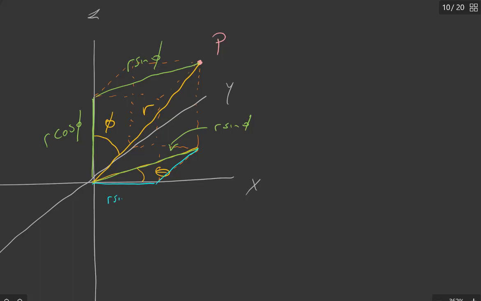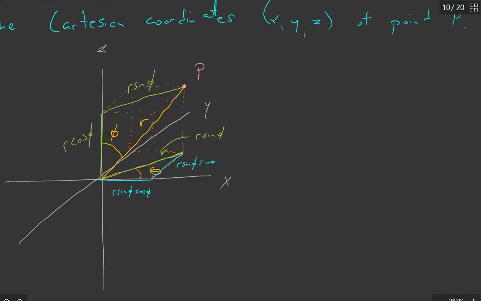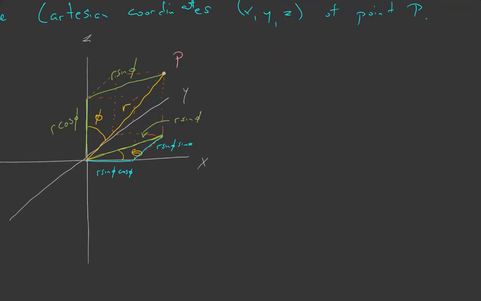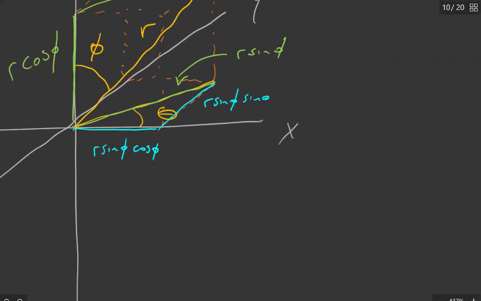So the hypotenuse r sine phi multiplied by the cosine of theta gives me the x-coordinate, and the hypotenuse r sine phi multiplied by the sine of theta gives me the y-coordinate. Oh, sorry, that should be a theta right there.